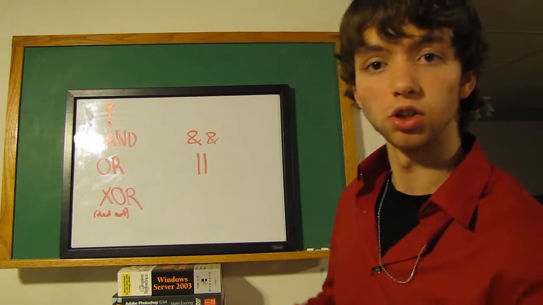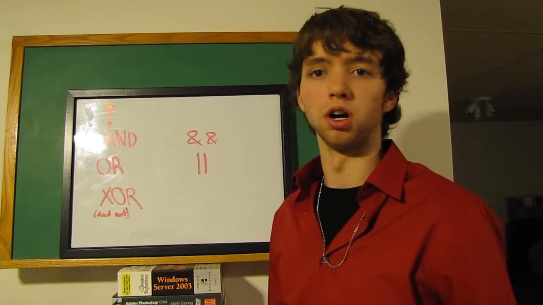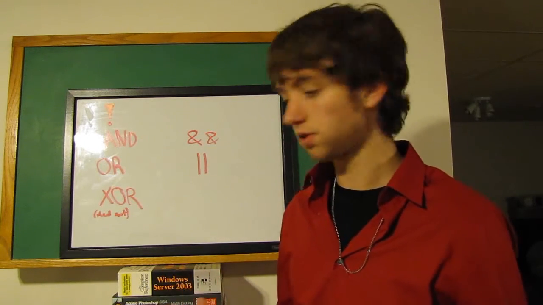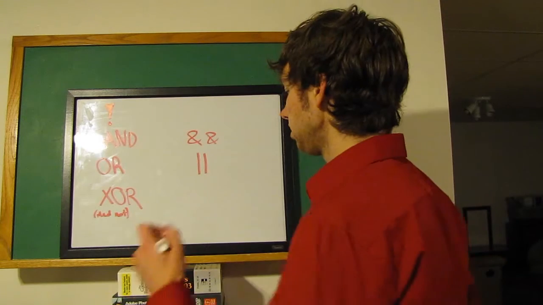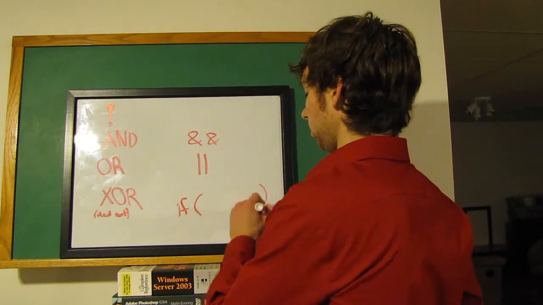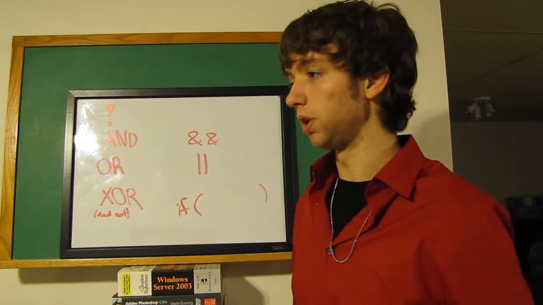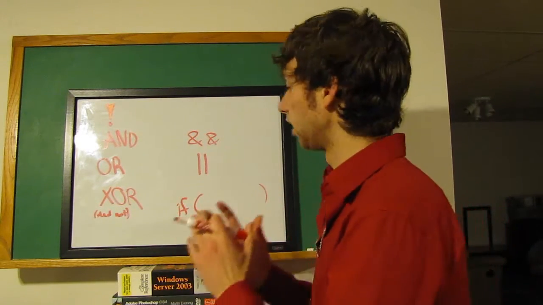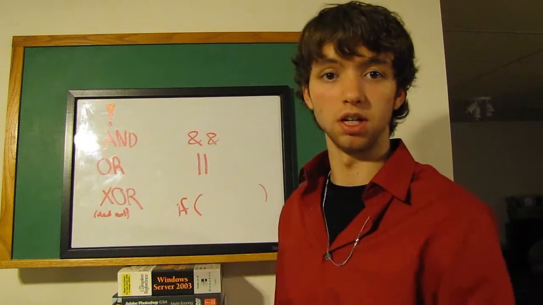Alright, so logical operators are interesting. Oftentimes they are used for conditionals, such as within an if statement. For example, we often use comparison operators and logical operators within an if statement.